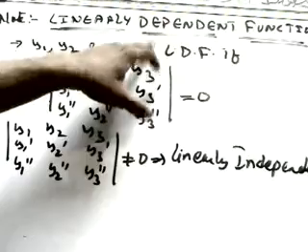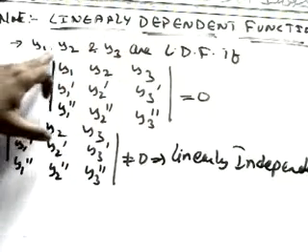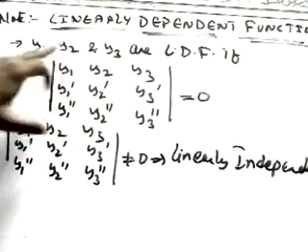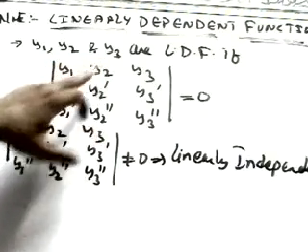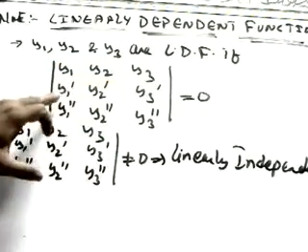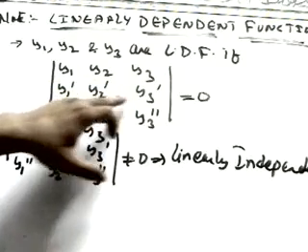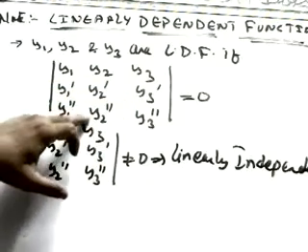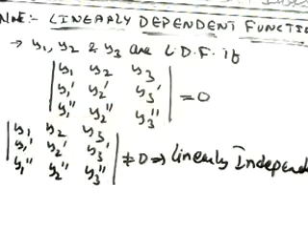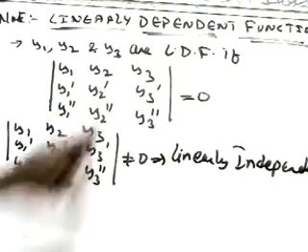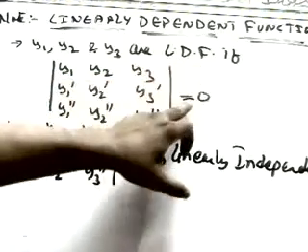You see here, linearly dependent functions. Suppose we have three functions y1, y2, y3. If the determinant of y1, y2, y3; y1', y2', y3'; y1'', y2'', y3'' is 0, then we say these are linearly dependent.